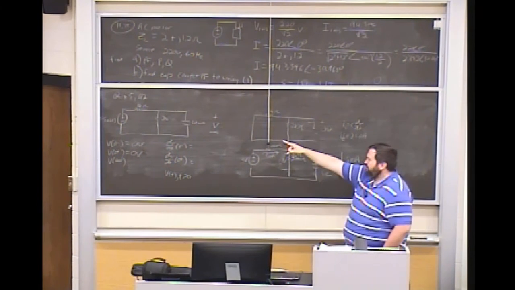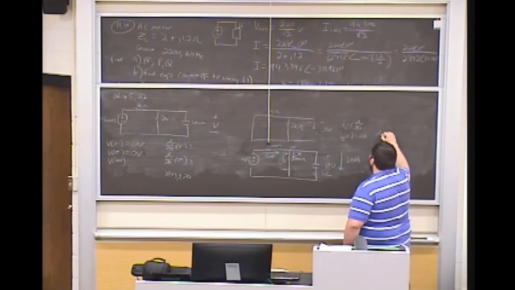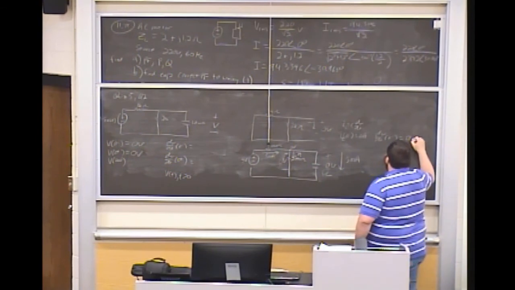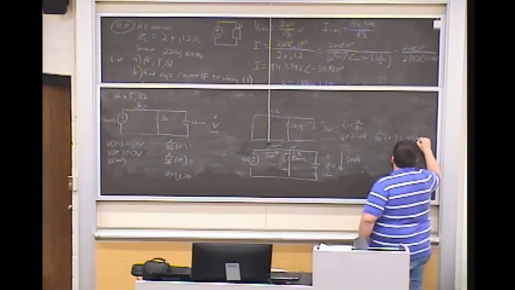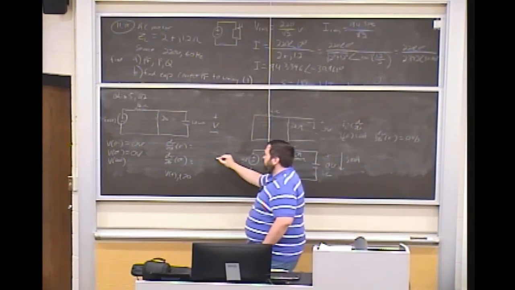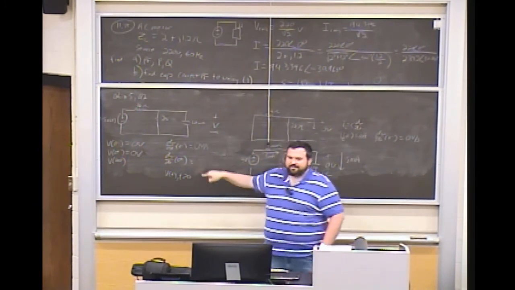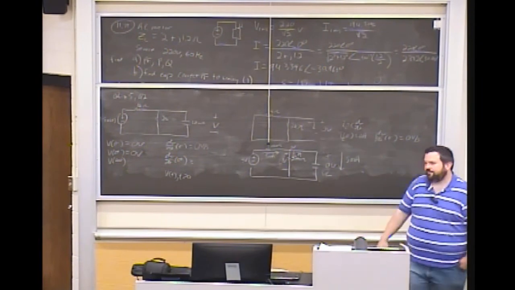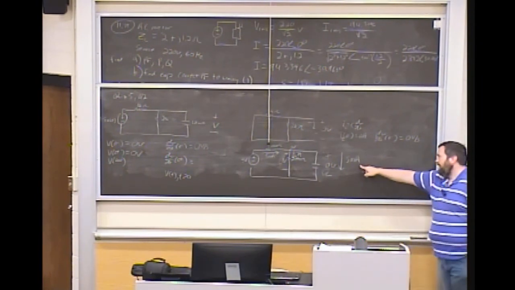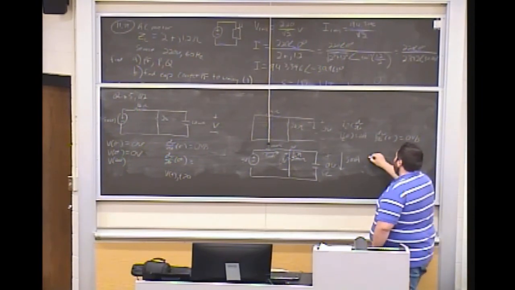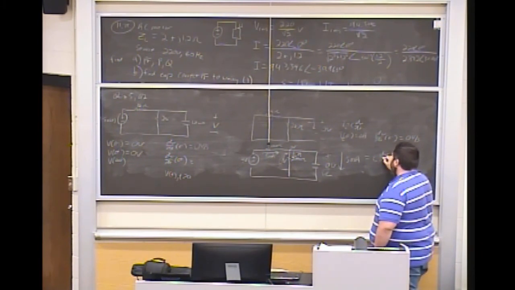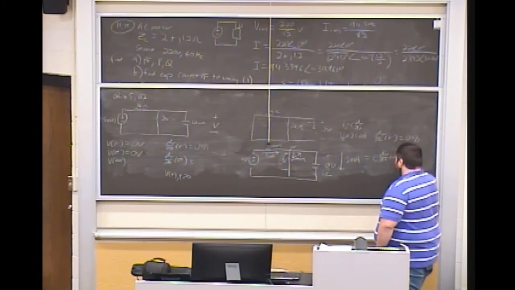I do have a positive C value, so that means dV/dt at 0 minus was equal to 0 volts per second, because I had no current. That is not the case at 0 plus, because right here now I've got 5 milliamps. That is equal to C dV/dt at 0 plus.